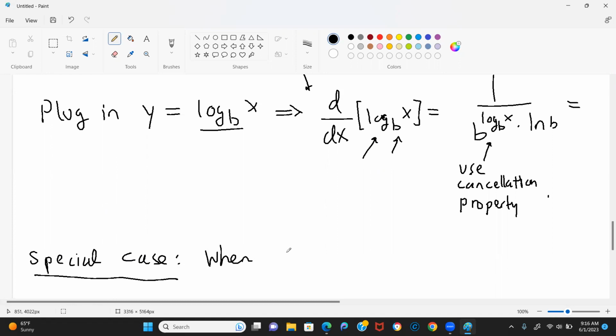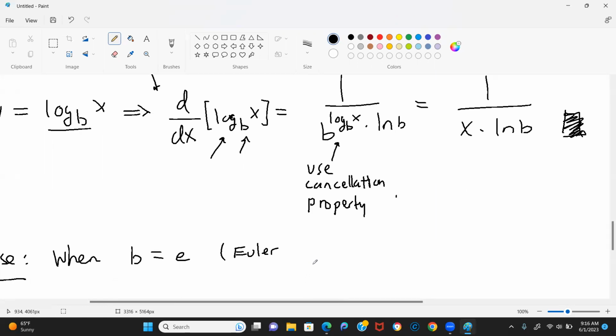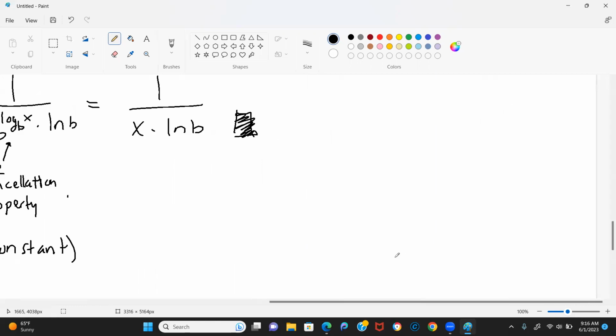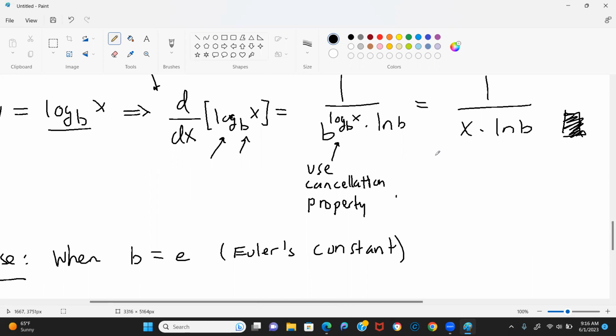The special case is when b is equal to e, the Euler constant, and we're actually going to be able to finally define it. It's unusual that you need to develop a whole branch of mathematics to define this number.